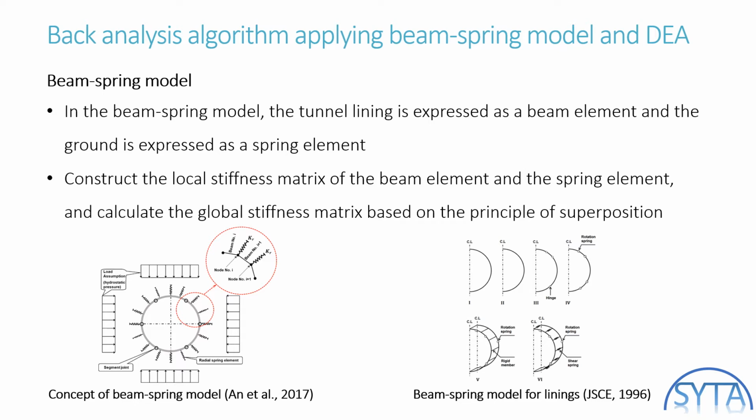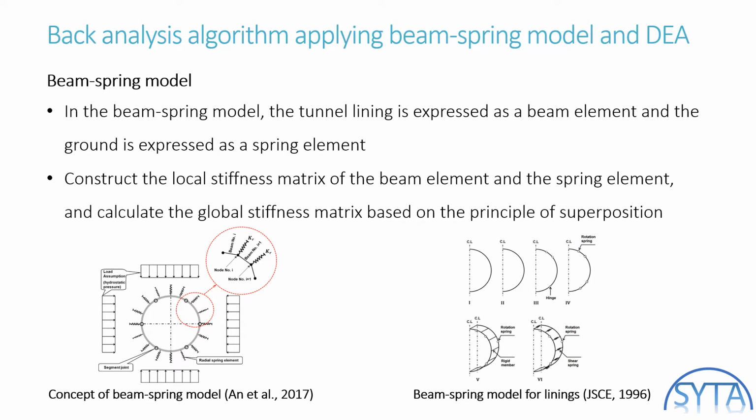A stiffness matrix can be constructed according to the stiffness formula of each element, and a global stiffness matrix can be constructed by the superposition principle. After that, the displacement and member force at each node can be calculated by the matrix product of the inverse matrix of the stiffness matrix and the force matrix.